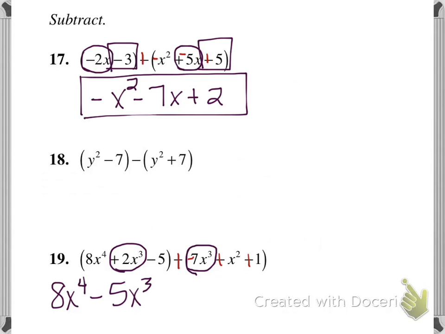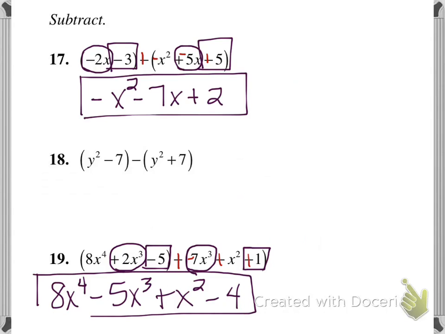I have a squared, but nothing to combine it with, so that's plus x squared. And then I have a minus 5 and a plus 1, so it's going to be minus 4. And that would be my final answer.